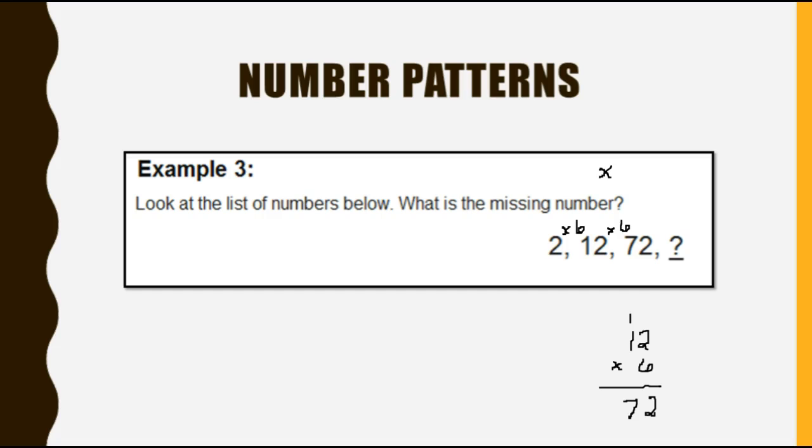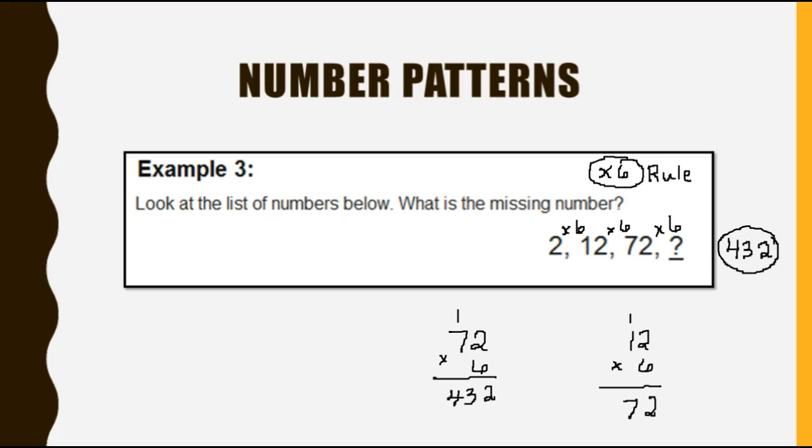So you have to multiply times 6 each time in order to know what comes next. So in order to find this one, we have to multiply 72 times 6. $432. That is increasing very, very rapidly. When you use multiplication, the numbers get very big, very fast.